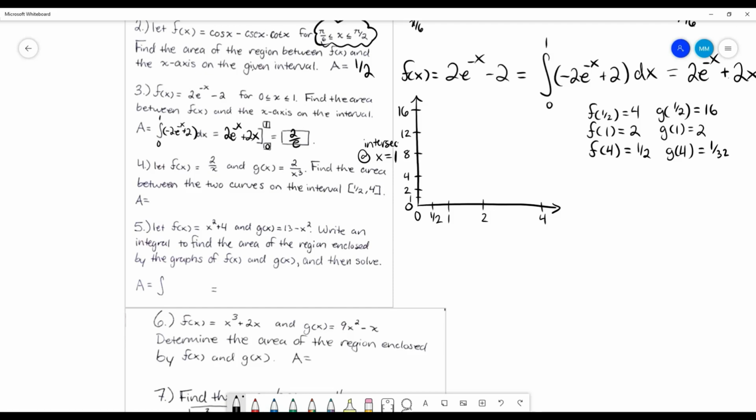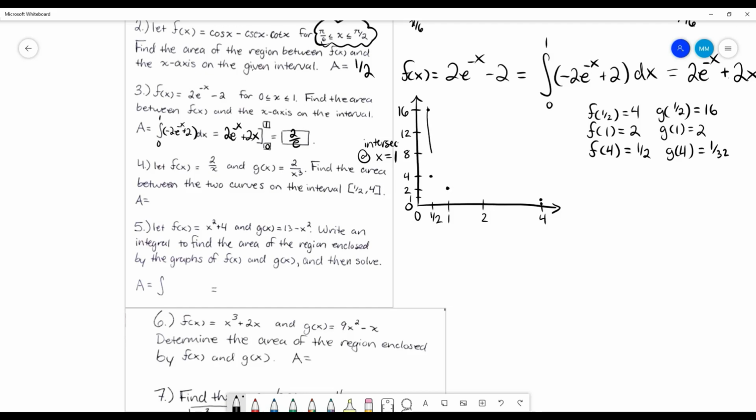Okay, so at 1/2, this was 4, and g was 16. At 1, they are both 2. Then this gets to be 1/2, but the other one gets to be much smaller. Oh, it's really hard to sketch to make that clear. So that's not quite accurate how I've just sketched that, but I do want that to be more obvious.